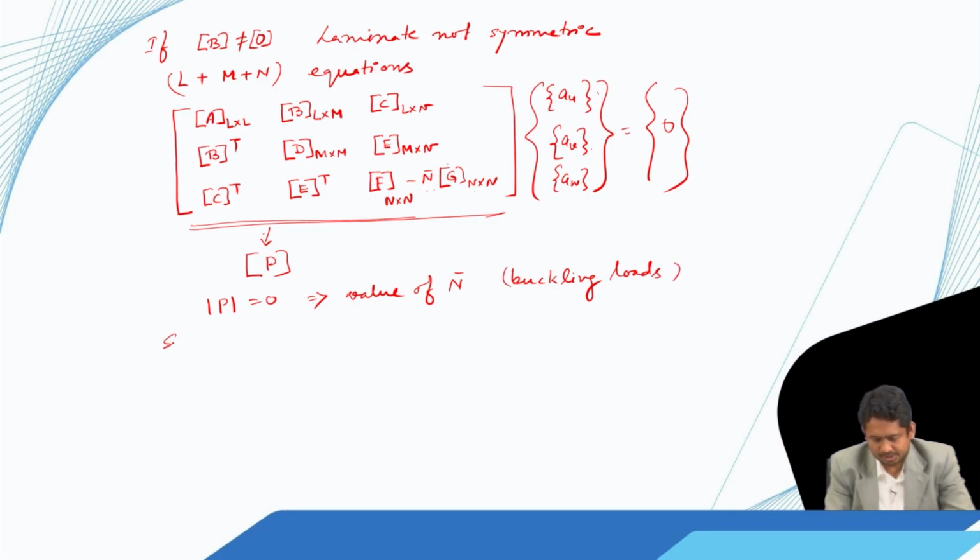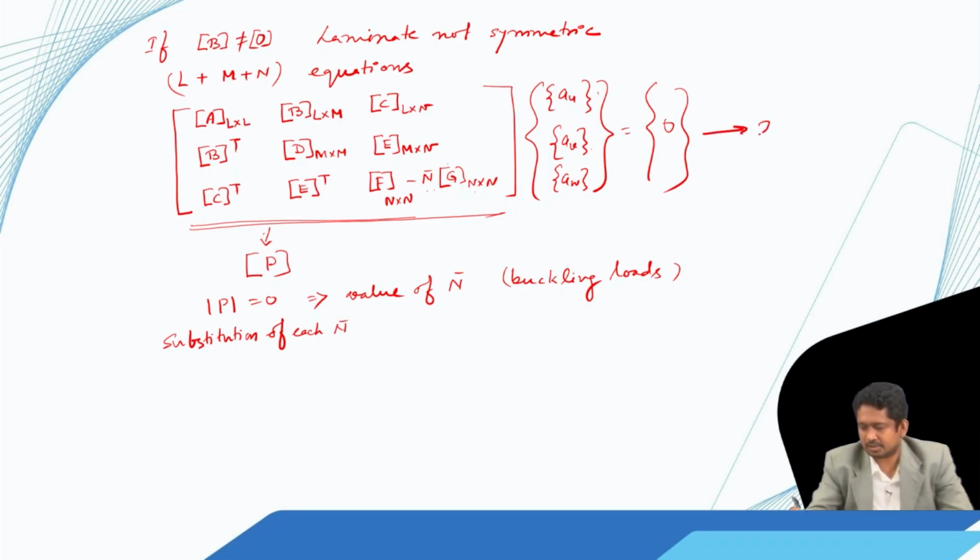And substitution of each n bar into this, let us call it equation number 2, yields the corresponding buckling mode.